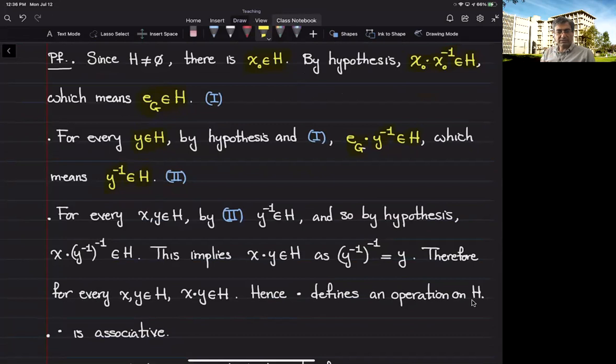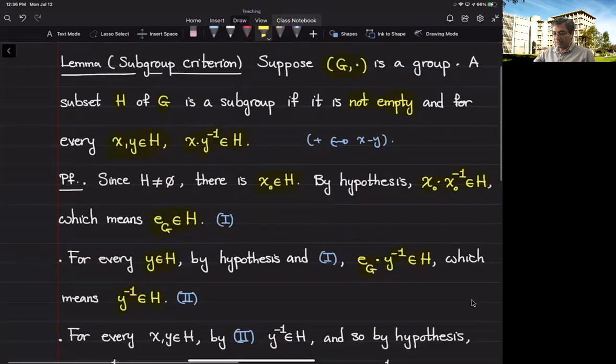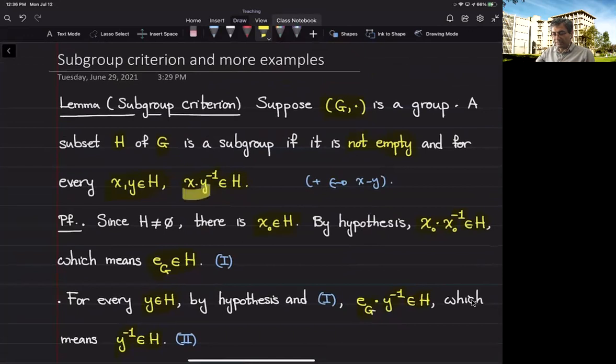Now I give you x and y inside H. I want to show that dot is an operation on H, which means I need to show that H is closed under multiplication. I give you a pair of elements, x and y inside H. I want to deduce that x dot y is inside H. Here I have that x dot y inverse is inside H, so I need to change this to y.